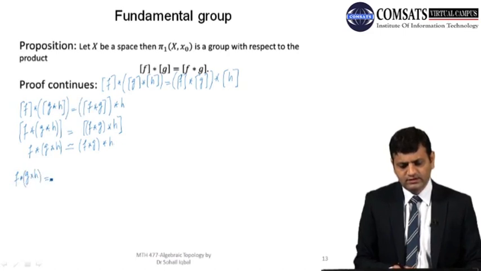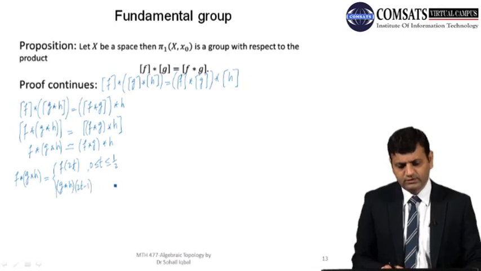Basically this is equal to f of 2t, where t varies from 0 to 1/2, and g star h of 2t minus 1, where t varies from 1/2 to 1.